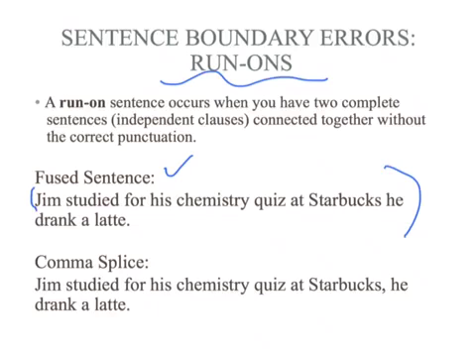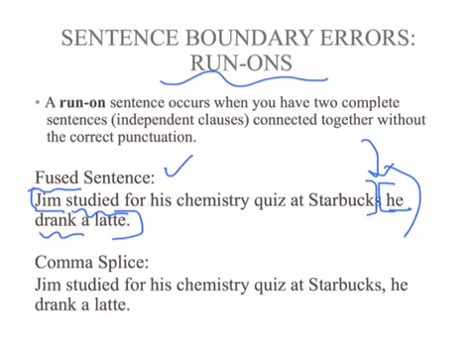Jim studied for his chemistry quiz at Starbucks, and he drank a latte. Both of these have subjects, both of these have verbs, and both of these are complete thoughts that could stand on their own. The problem is that we incorrectly connected them here without any punctuation or any connecting words. So that means that the sentences are fused together, and that makes them a run-on.